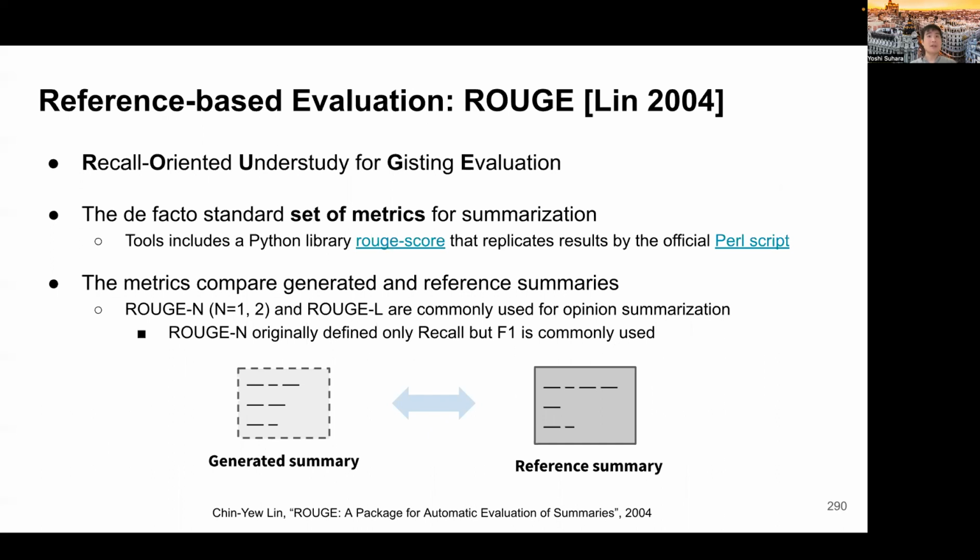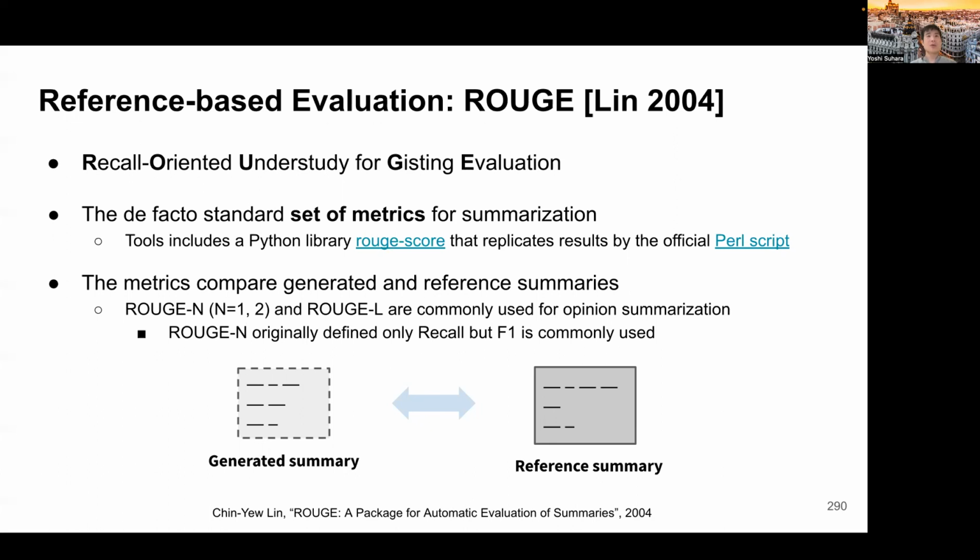The most common evaluation metric in opinion summarization is ROUGE, which is also the de facto standard metric for other text summarization tasks. ROUGE metrics are calculated based on the overlap between generated summaries and reference summaries. ROUGE-1, ROUGE-2, and ROUGE-L are commonly used for opinion summarization.